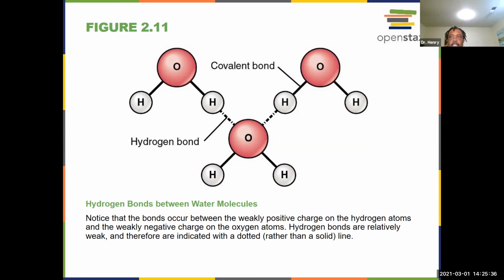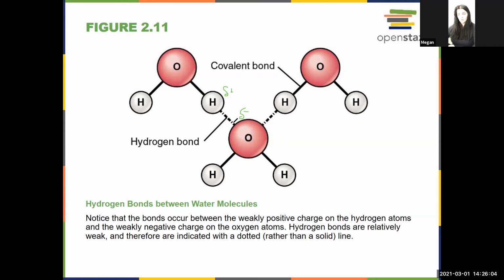So hydrogen bond is reliant on those weak interactions. This is weakly negative, and this is weakly positive. That plus and minus charge are interacting, but these are weak plus and minus charges. Have you guys played with magnets?